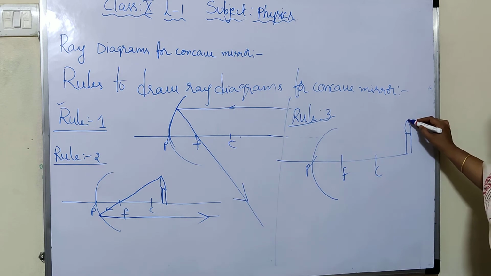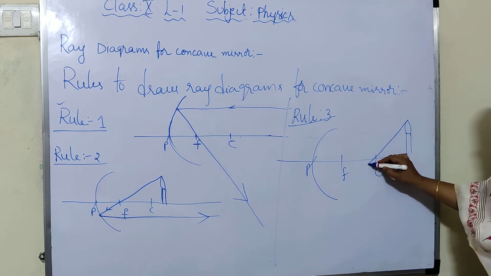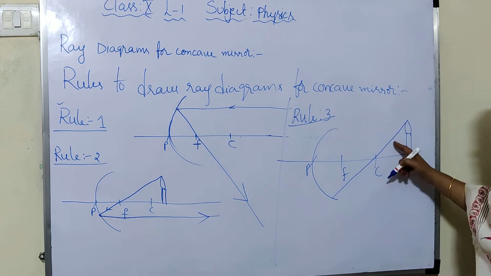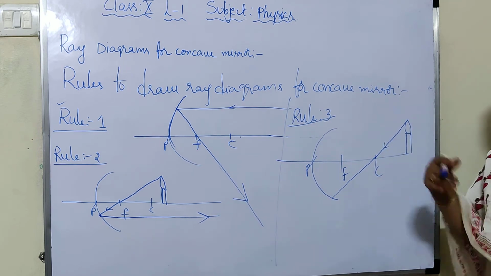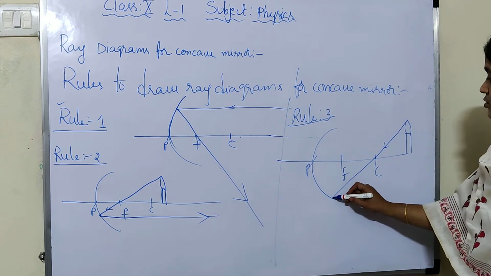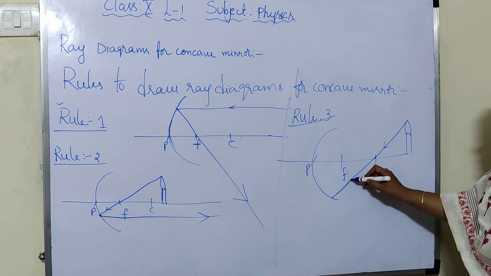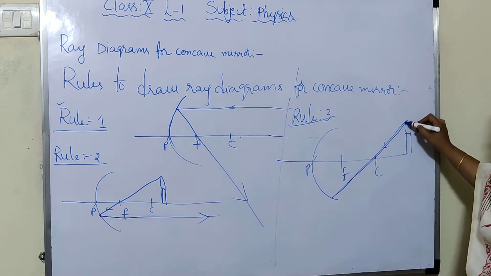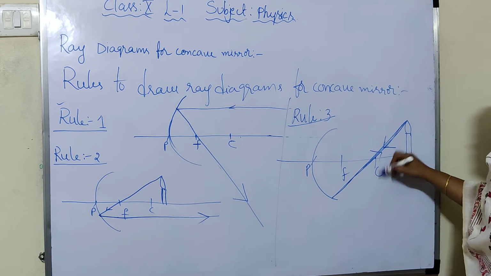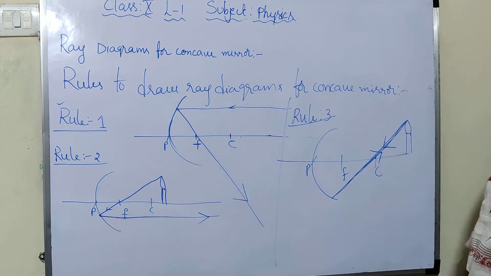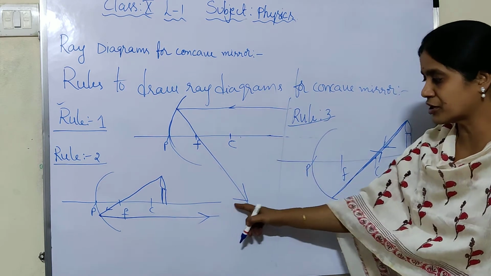When the incident ray is passing through the center of curvature, the reflected ray also passes through the center of curvature. So these are the three rules.